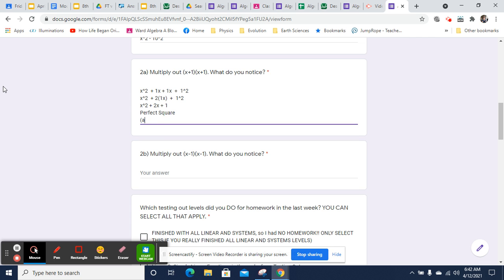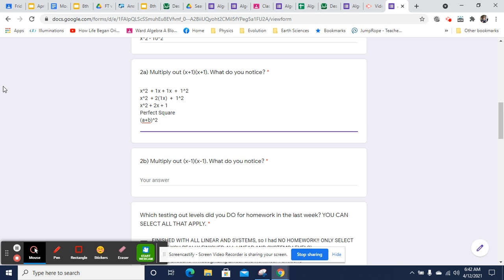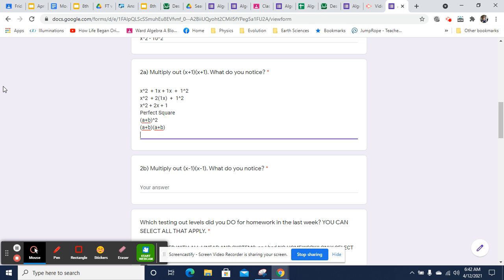So if I said a plus b, and I squared that, that's a plus b times a plus b. So I end up with a squared at the beginning, b squared at the end. In the middle, I'll have an ab and an ab. Those are just the same thing, so I may as well call it 2ab.